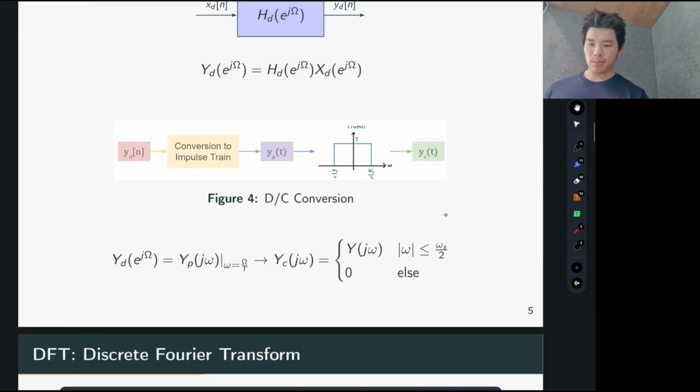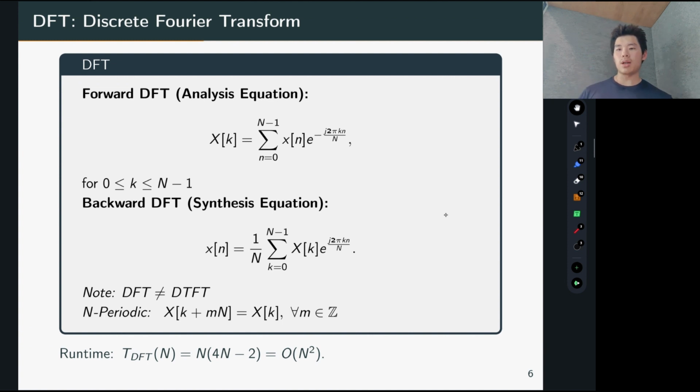Okay. So we're going to move on to the discrete Fourier transform. This is not to be mistaken with the discrete time Fourier transform. This is the discrete Fourier transform. That means the samples don't run from negative infinity to infinity. We have a discrete number of samples, hence it runs from 0 to N-1.